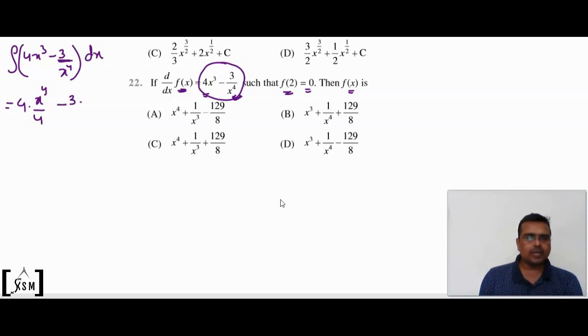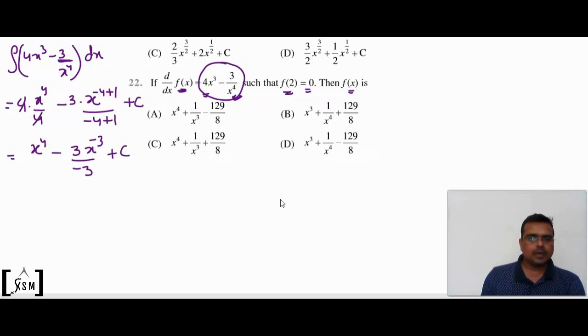First of all I will have to bring it up, so it becomes x to the power minus 4. Now I'm integrating this, plus c. Let's simplify. So 4 cancelled, x to the power 4, minus 3 x to the power minus 3 over minus 3, plus c. And minus 3 and minus 3 will be cancelled. It would just be plus that, right? So 1 over x cube plus c. Okay.